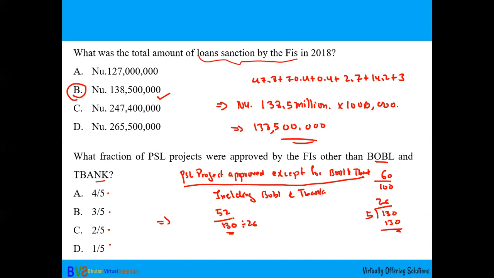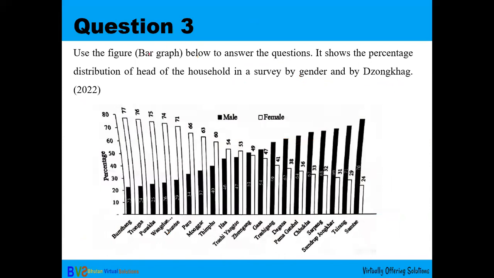So when you divide this by 26, you also divide the numerator by 26, right? 52 divided by 26, you are getting 2. Then 130 divided by 26, you are getting 5, right? So your answer is 2 by 5. The answer is C. All right. Yeah, question number 3. Now see, what is this saying?